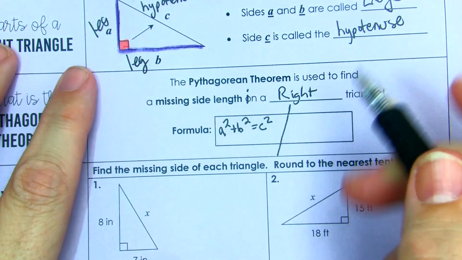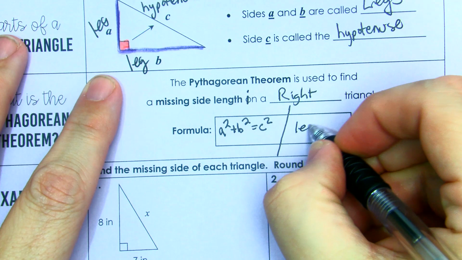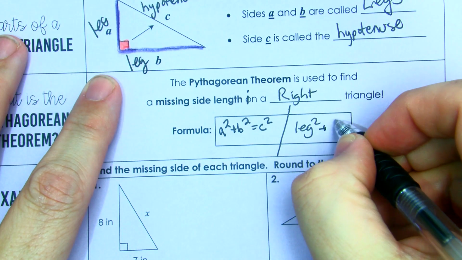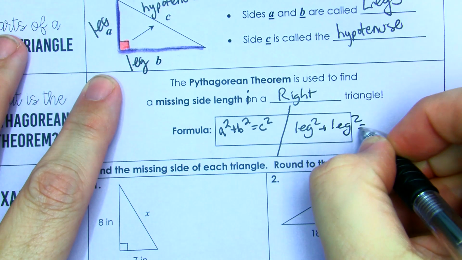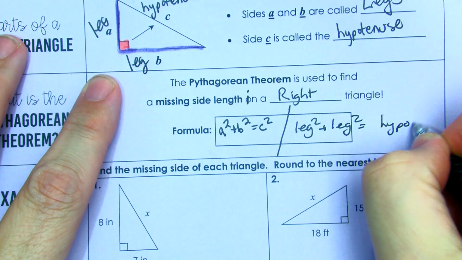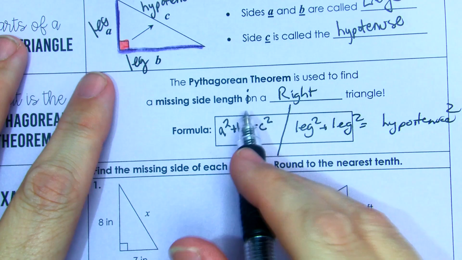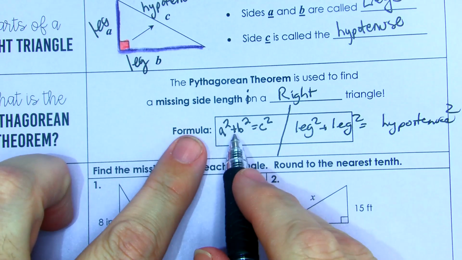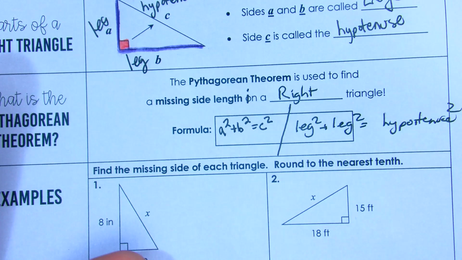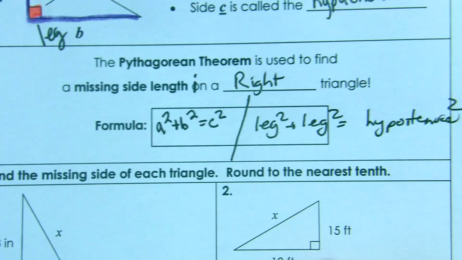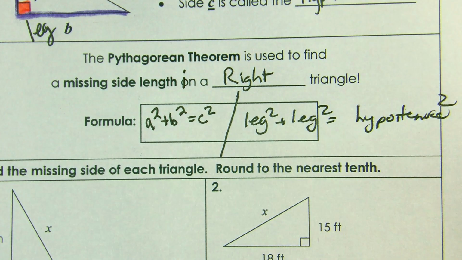But a different way to think about it is leg squared plus leg squared is equal to hypotenuse squared. A and B are legs, and C is your hypotenuse. So if you just remember a squared plus b squared equals c squared, you're good to go.